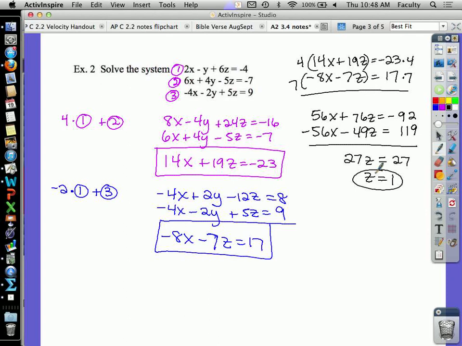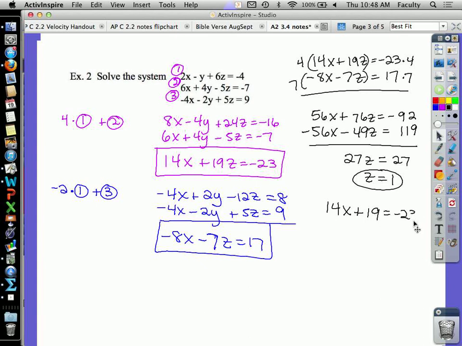Now let's back substitute. So I'm going to take that equation 14x plus 19z, so that would just be 19, equals negative 23. Subtract 19. Are you guys getting x equals negative 3?